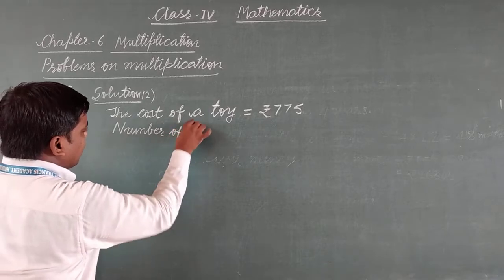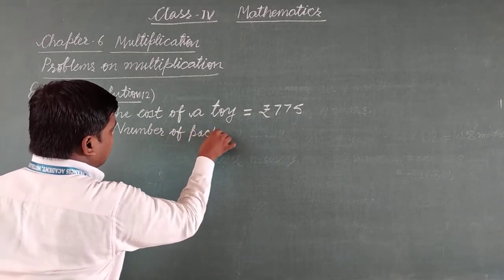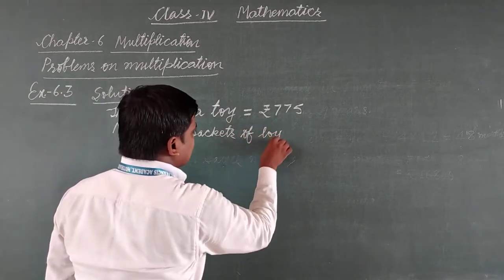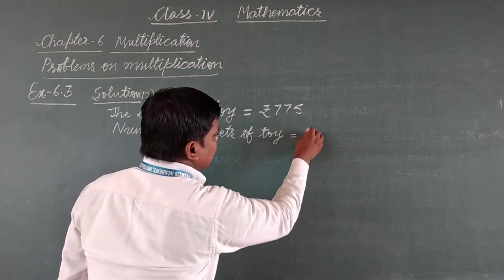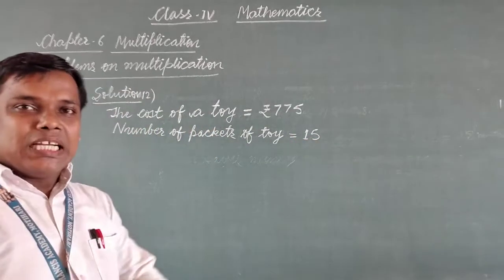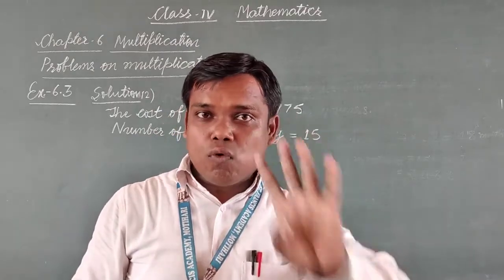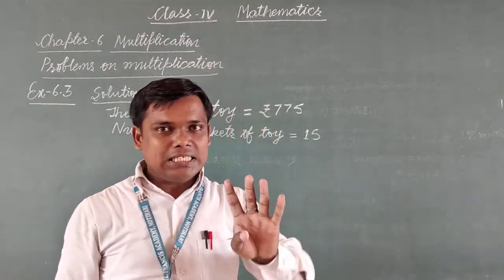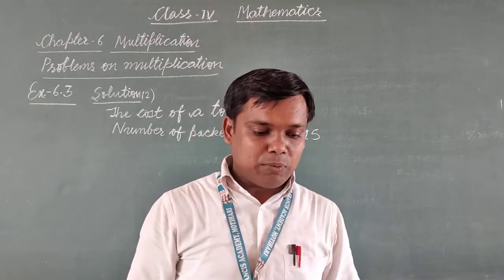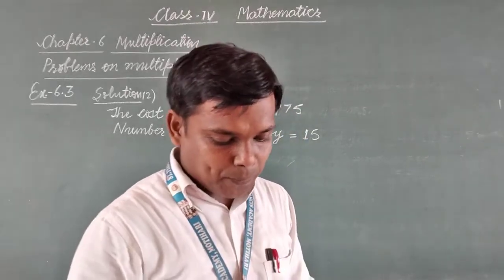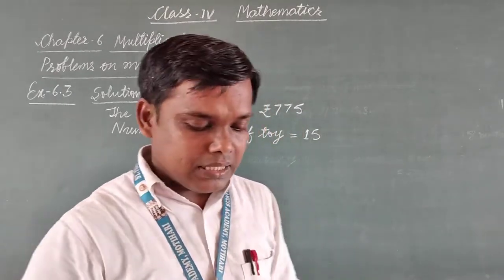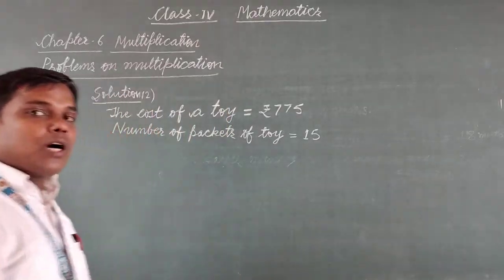Number of packets of toys is equal to 15. Now, since each packet contains 4 toys, so total number of toys we have to calculate. Number of toys in 15 packets. We will calculate number of toys in 15 packets.